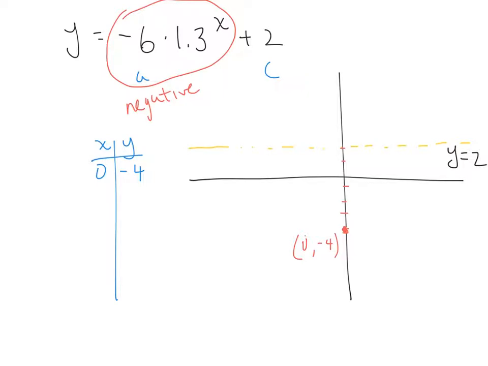Let's come up with the value for one more point. Let's put in 1 for x. Then it's 1.3 times 6, and 6 times 1.3 is 7.8. So it's negative 7.8 plus 2, which is negative 5.8. And so it's gone down.